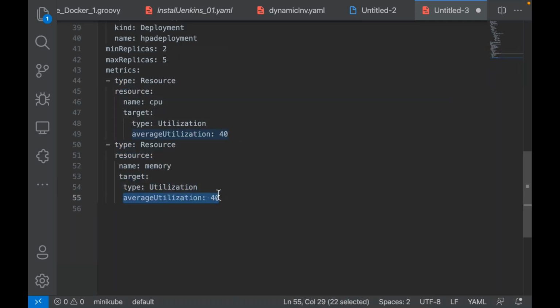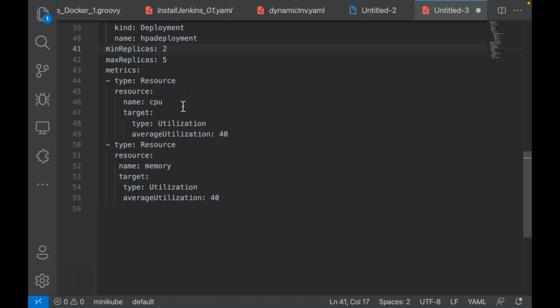The resource is CPU, average utilization is 40, which means the moment the CPU utilization reaches 40, is it going to scale the pod? As of now, let's say you have 2 pods. The moment the average reaches 40, is it going to increase to a third pod?